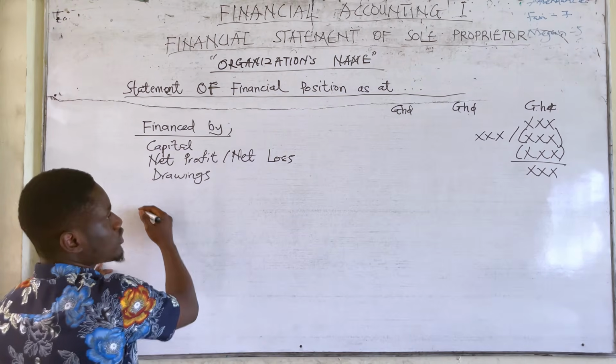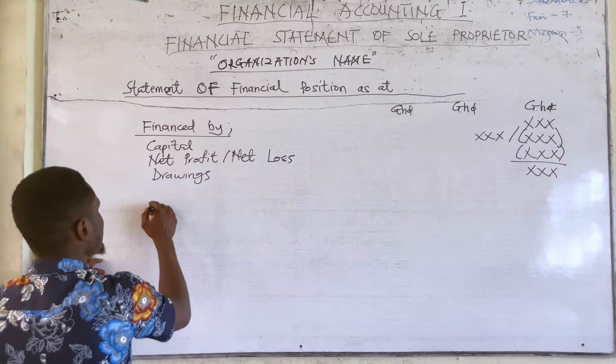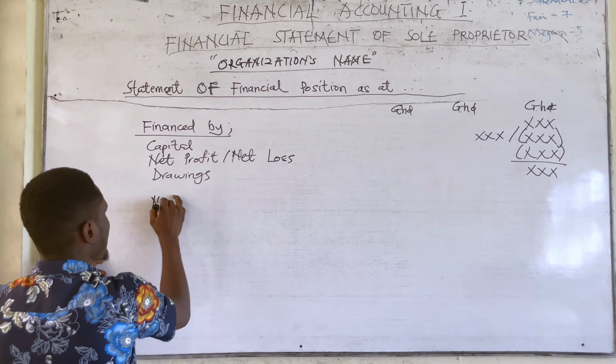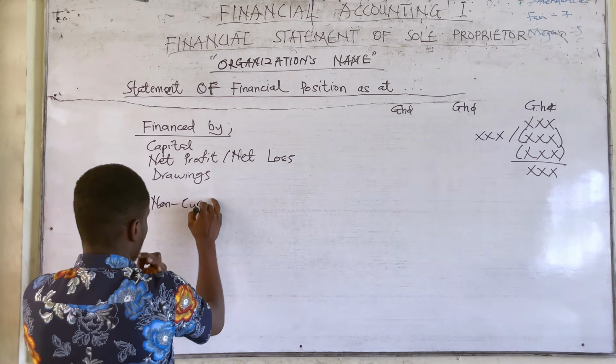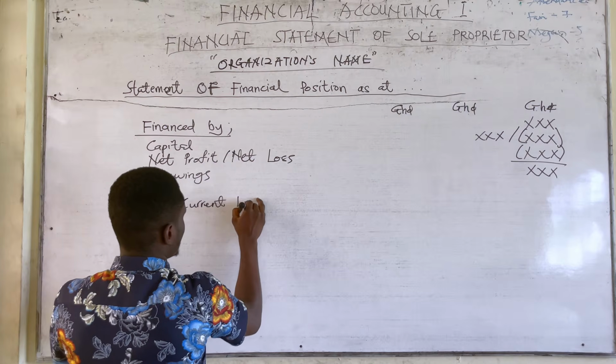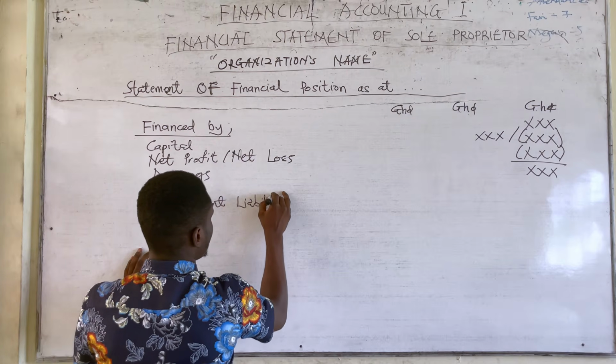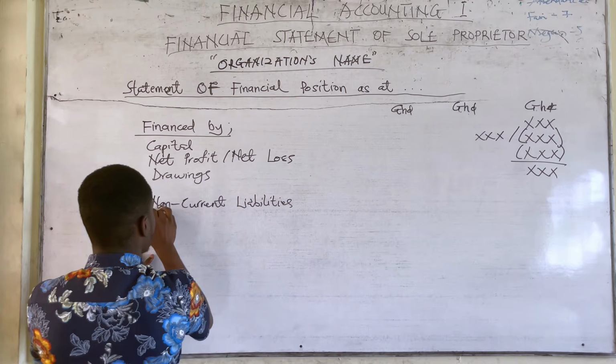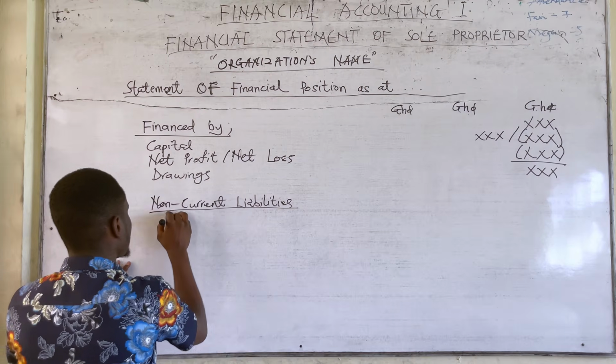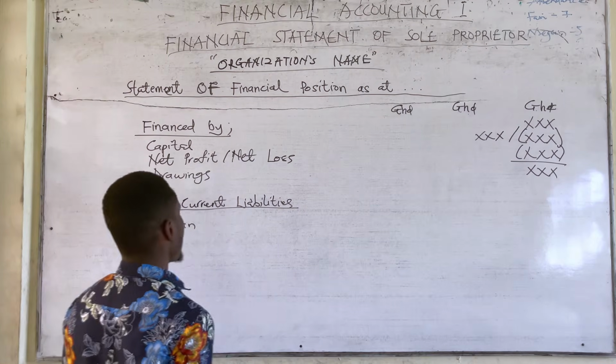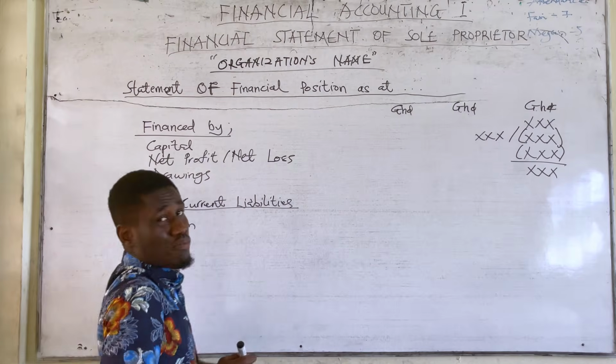Good. So when we are done with this, we move to the non-current liabilities, which we normally have as our loans or bank loans.